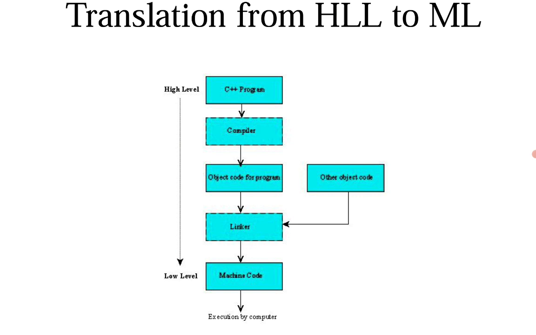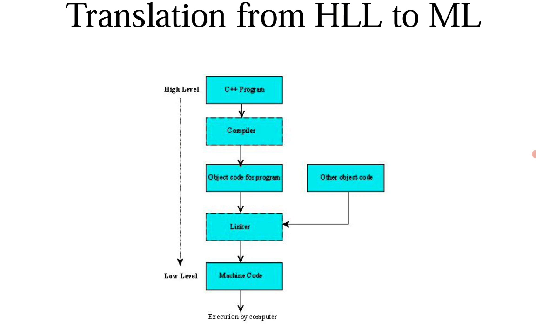So the machine code, or machine language, is executed by the computer itself. This is the step by step procedure of using high level languages: how to edit, compile, debug, translate, link and run programs from high level to machine level languages.